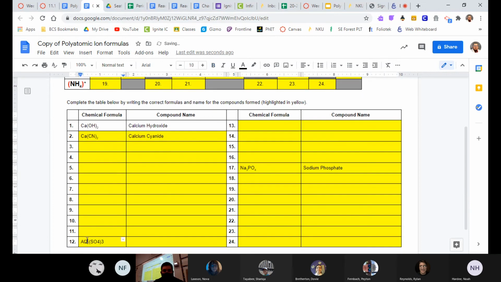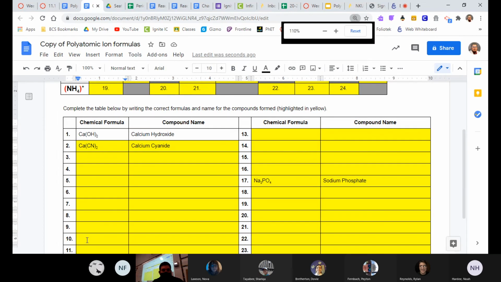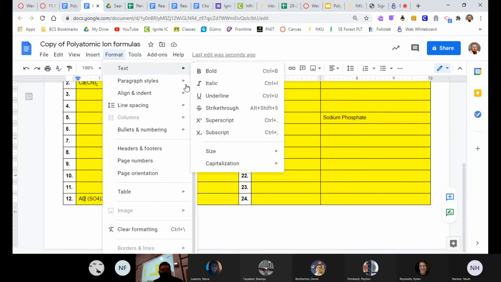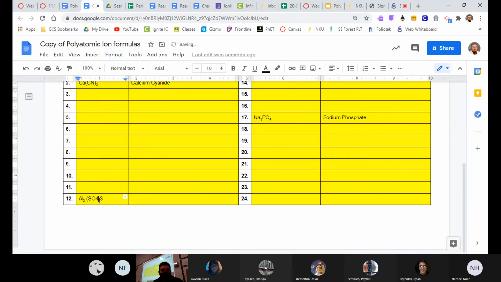So the aluminum is going to get 2. And again, I'm going to do my formatting here for subscripts. That gives me aluminum sulfate.